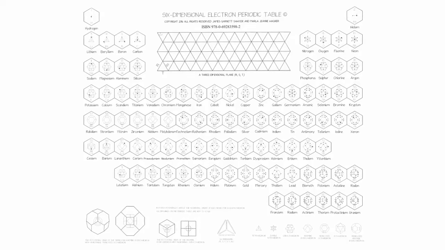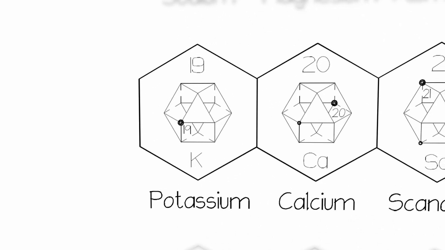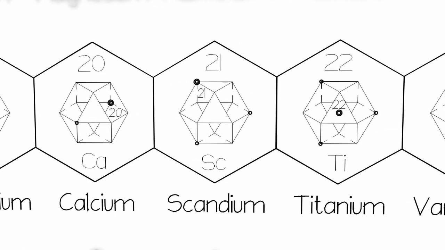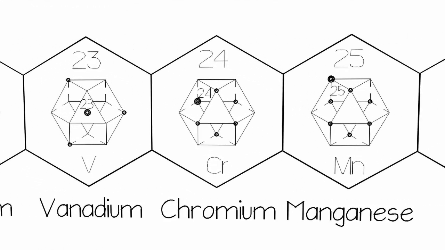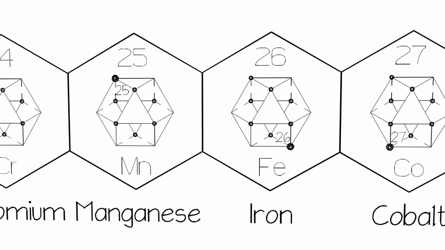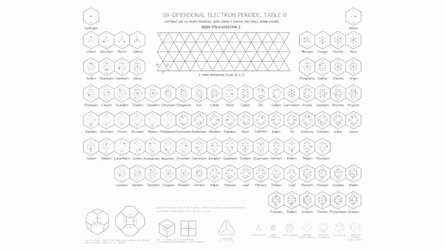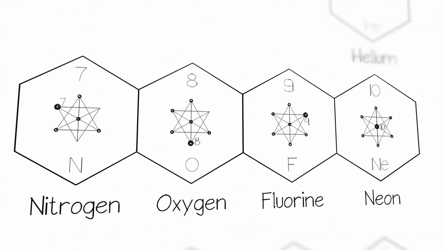The periodic table that we're developing could be used by chemists, scientists, mathematicians, physicists, organic chemists. So what we did is we applied tetrahedrons and octahedrons and cube octahedrons and rhombic dodecahedrons for the positions of the electrons in the atom. Hydrogen, helium is 1 and 2, and then lithium up to neon is 8.